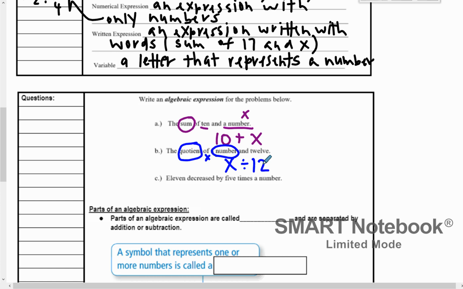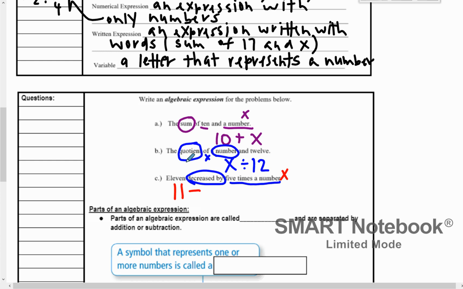Letter C then asks 11 decreased by 5 times a number. Okay, so decreased by, if we weren't sure, we could look up into our chart from before, means subtraction. So we are going to be having 11 decreased by 5 times a number. Now we don't know a number, what number, so it's just x.